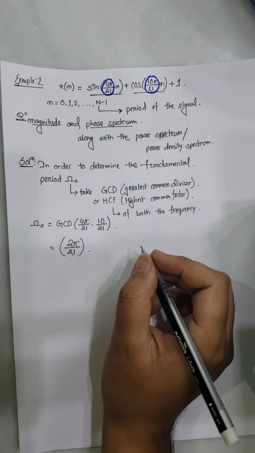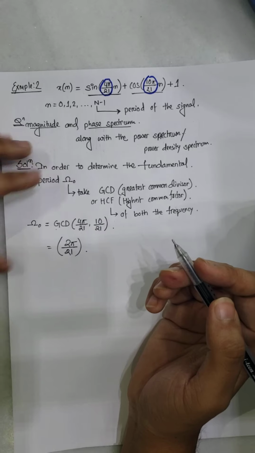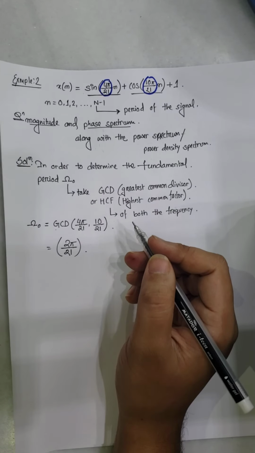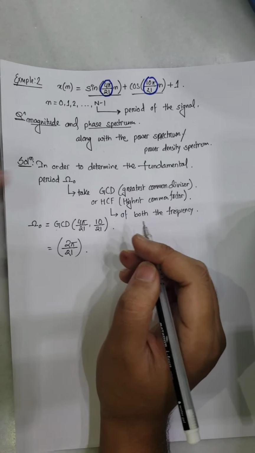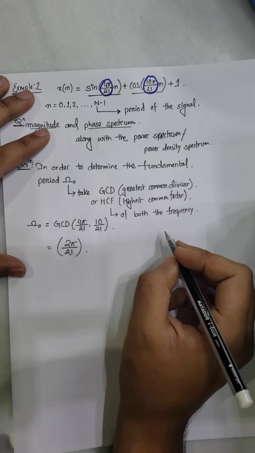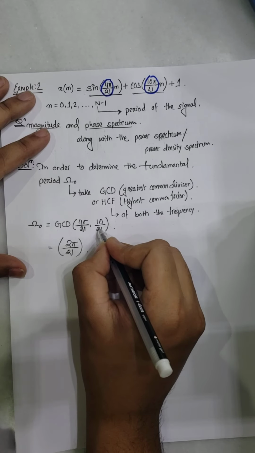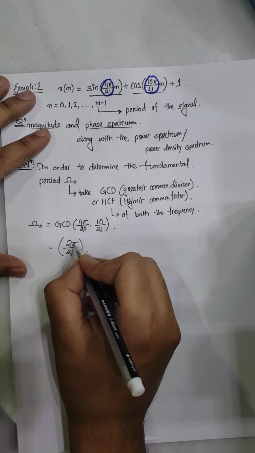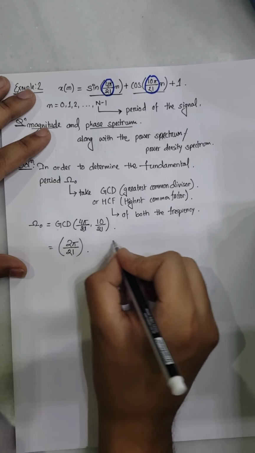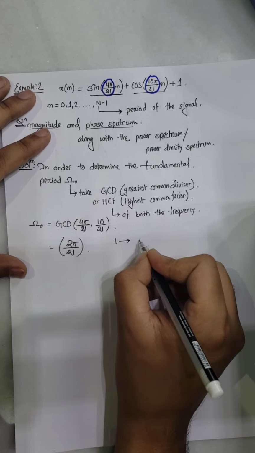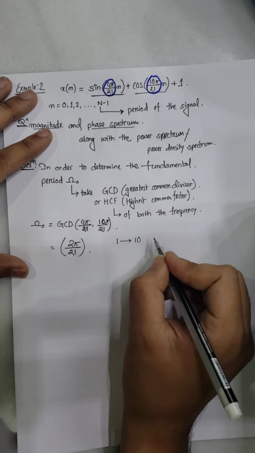Now the question arises, how do I calculate the GCD of two terms? Simply speaking, in simple terms, what you can do is take any factor, say from 1 through 10, in this case the highest value being 10 pi.